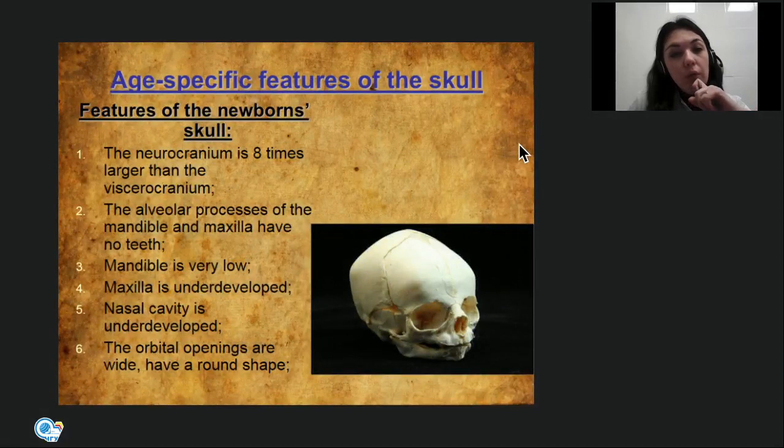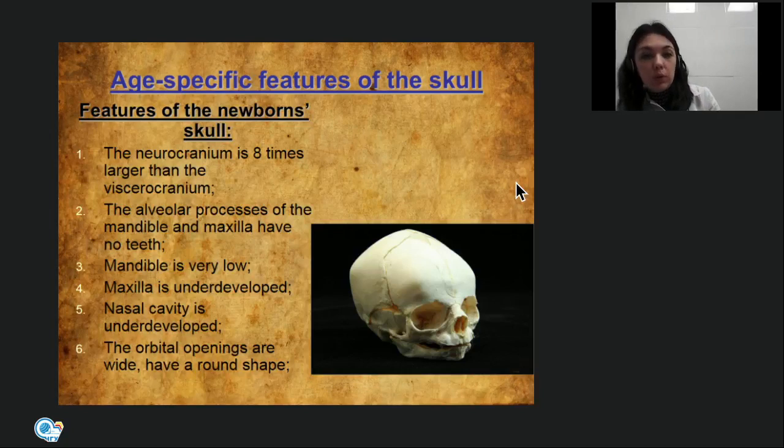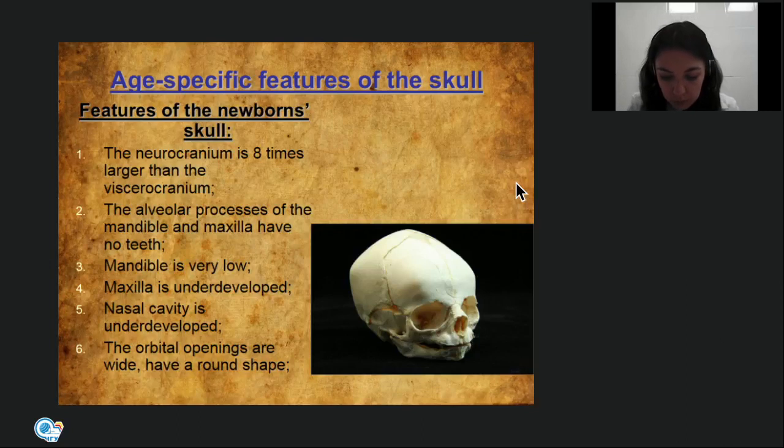One more thing which we have to discuss is age-specific features of the skull. I hope most of you have already been at our museum, and you saw the skull of the newborn. If we compare the skull of the newborn with the skull of an adult person, certainly they are different. So what are the features of a skull of a newborn?